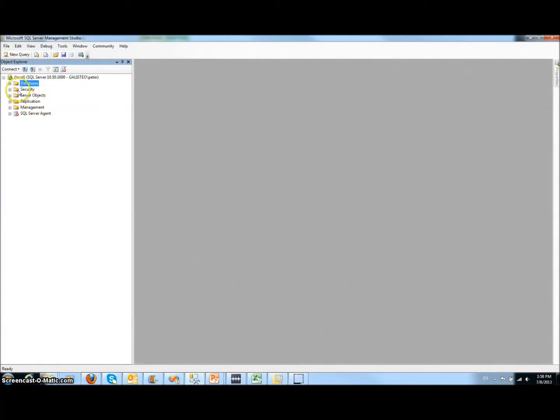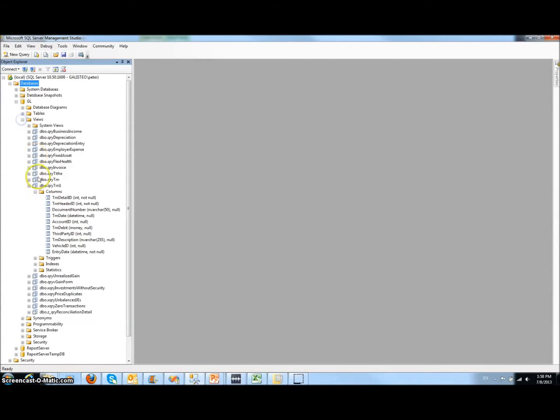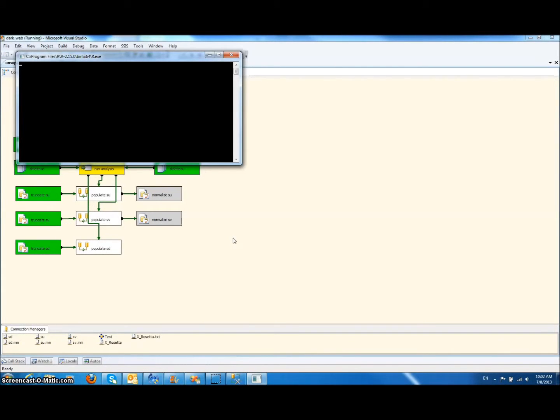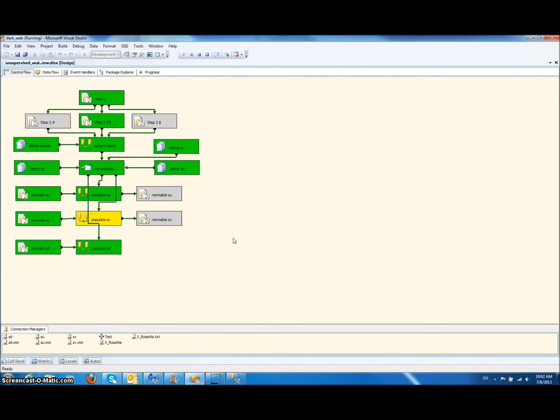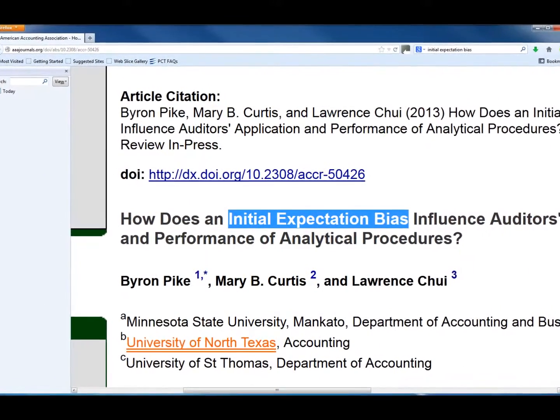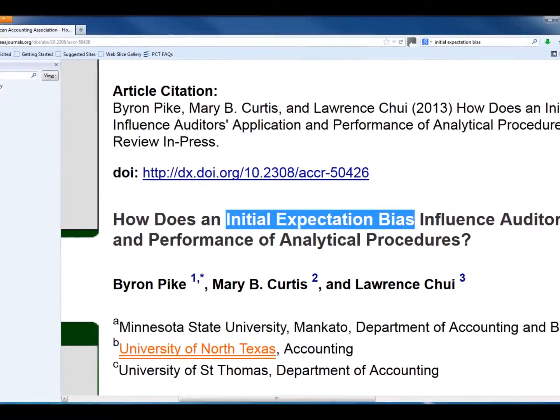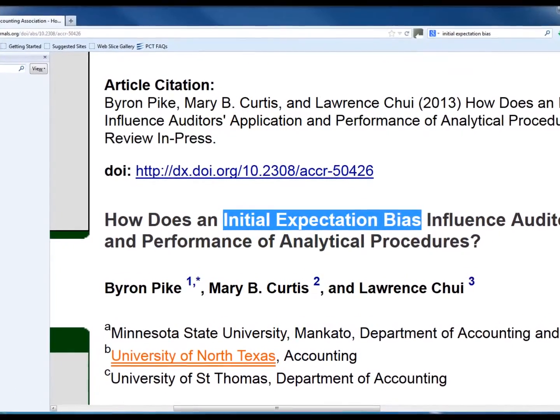So let's sum up. All we have to do with unsupervised analytical review is to point our algorithm at a dataset, specify an amount and an order by. We don't have to tell it anything else about the dataset, like what the columns are or what's in the columns. The algorithms zero in on the important patterns and anomalies, completely avoiding the problem of human expectation bias.